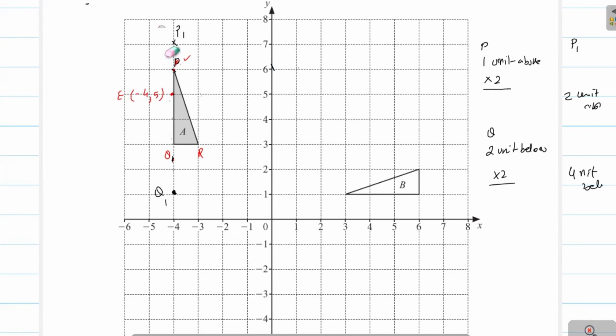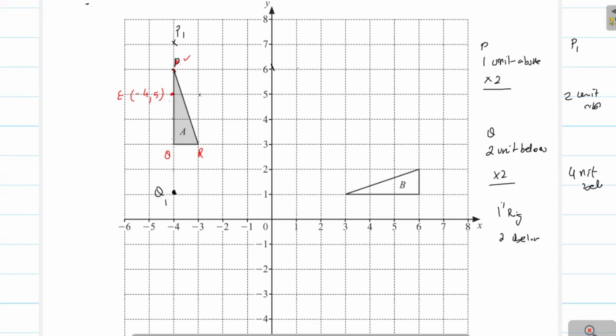And next is the image point. We have to mark the image of point R. You see here the position of this point R from the center of enlargement is 1 unit right and 2 unit below. The scale factor of this enlarged figure is 2.